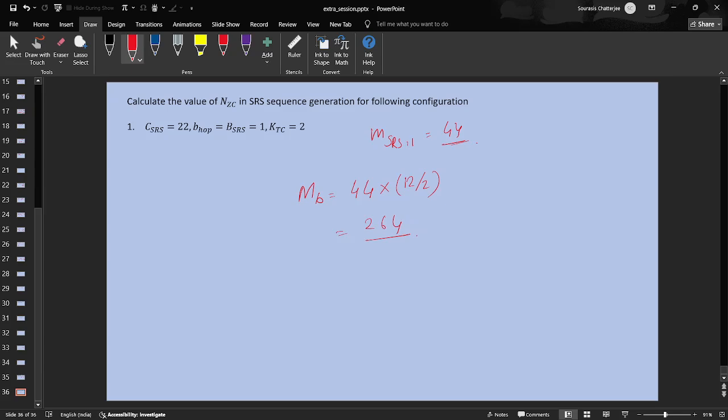But the underlying Zadoff-Chu sequence length is the closest prime number less than 264, and that is 263. So your length of Zadoff-Chu sequence is 263. Basically you just generate a 263-length Zadoff-Chu sequence and repeat one element just to make it length 264.